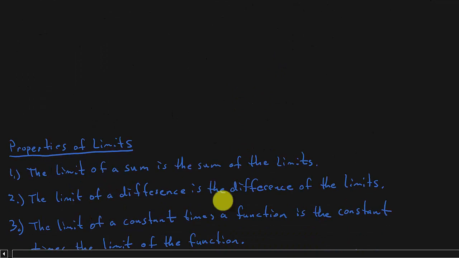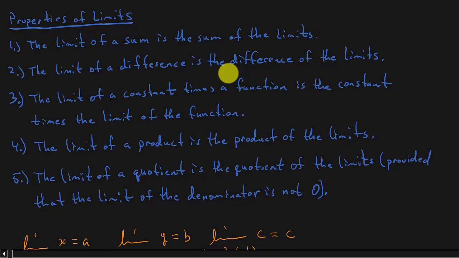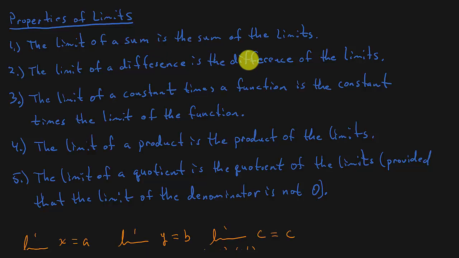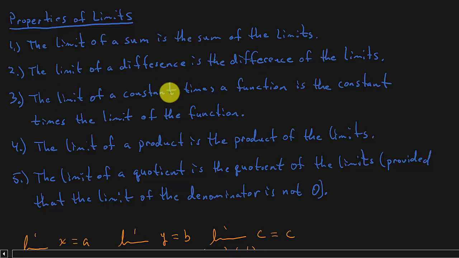All right. Now we've got some properties of limits. It says the limit of a sum is the sum of the limits. That was back when you were doing single variable calculus. And the limit of a difference is the difference of the limits.